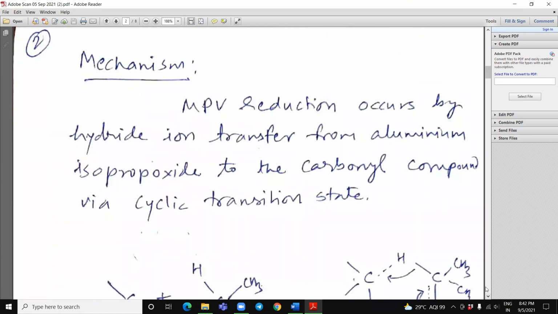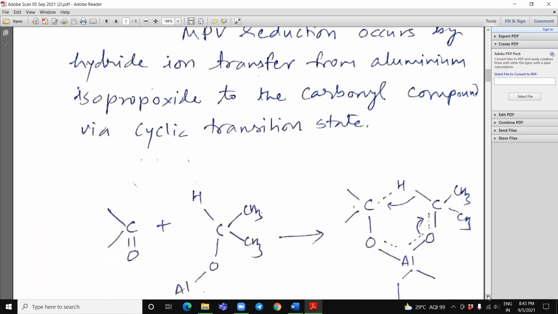Mechanism. MPV reduction occurs by hydride ion transfer from aluminum isopropoxide to the carbonyl compound via a cyclic transition state.